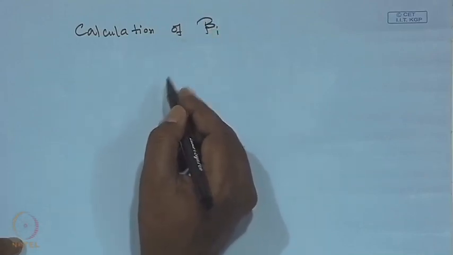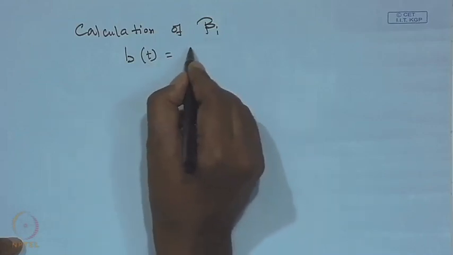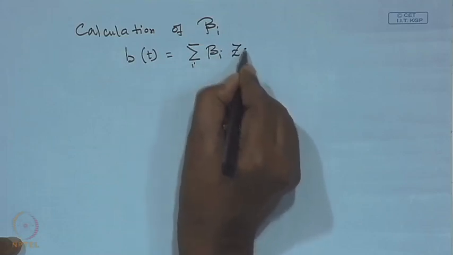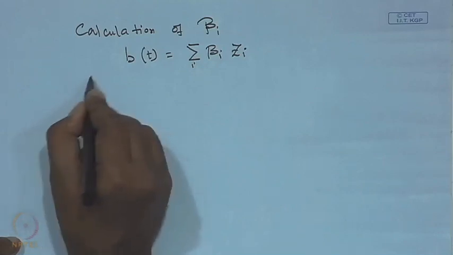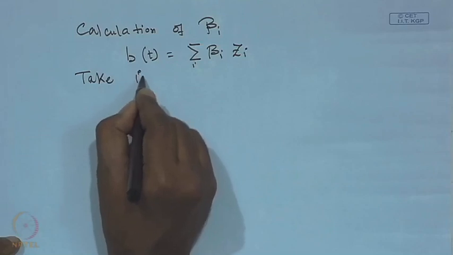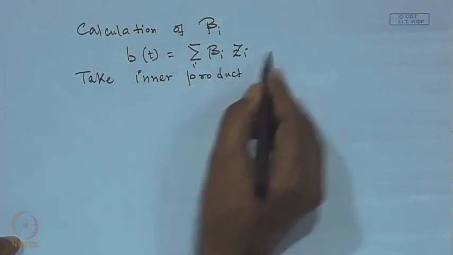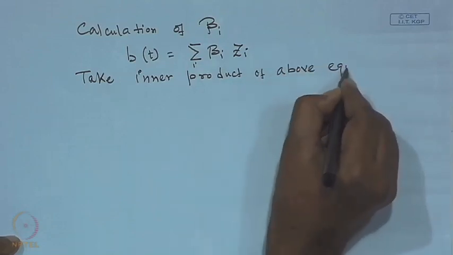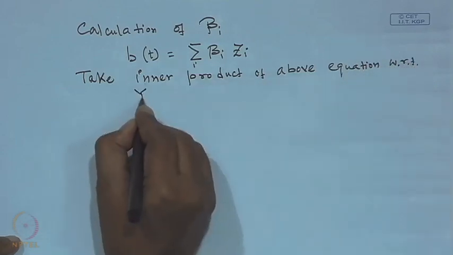If you remember, the vector b as a function of time can be expressed as a linear combination of the eigenvectors of A, as the sum of beta_i z_i. Then we can take the inner product of this equation with respect to y_i.